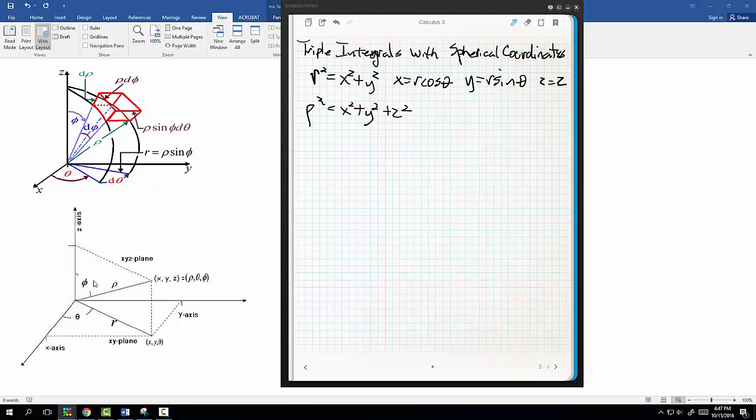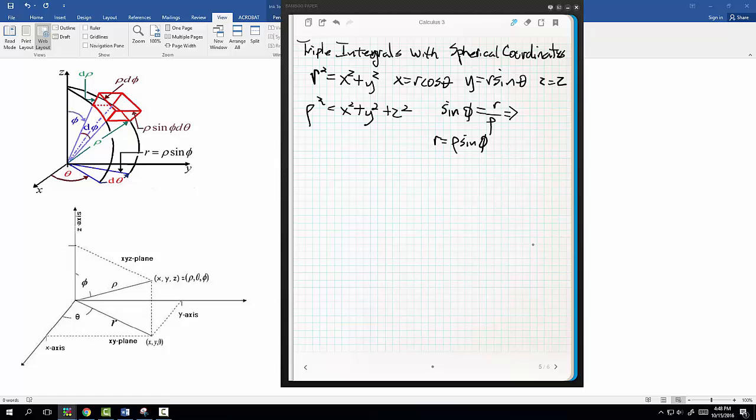Hopefully everybody sees that opposite over hypotenuse is going to be sine, right? So I know that the sine of phi is equal to, now the opposite side is this r, right? So it's going to be r over rho. Now look at this. I instantly have a way to get between r and phi and rho. So I know that this implies that r is equal to rho sine of phi.